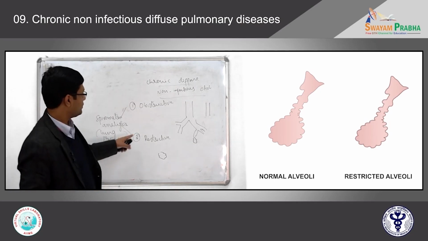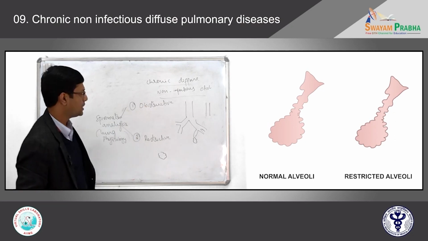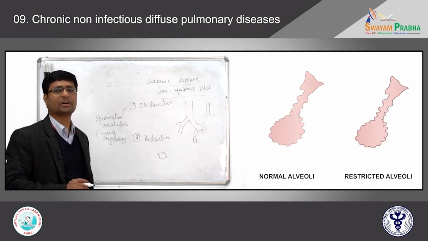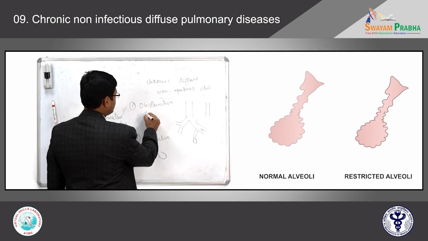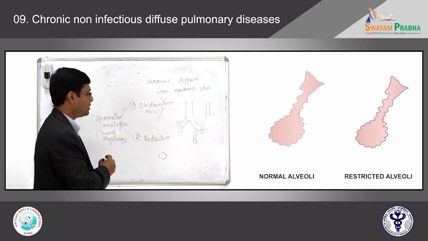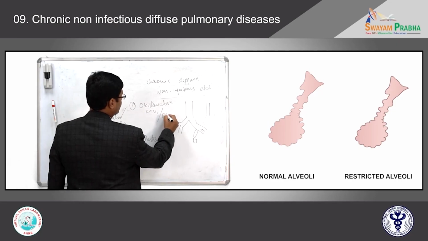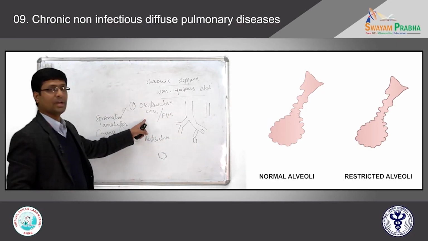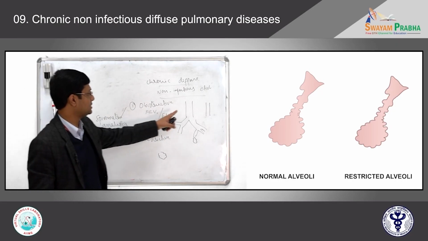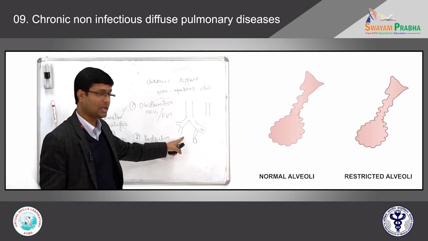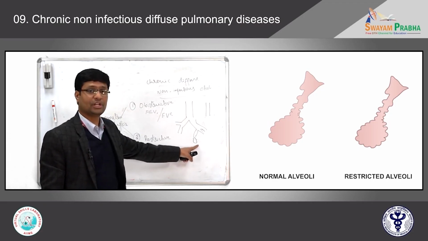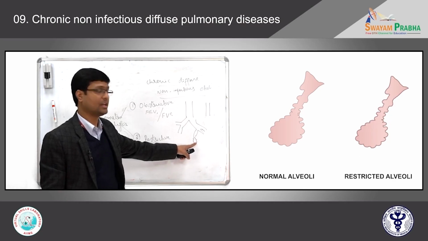If it shows obstructive physiology, the two most important spirometric parameters you should know are forced expiratory volume in 1 second and forced vital capacity. If it shows obstructive physiology, that means there is obstruction in the tracheobronchial tree. The elastic recoil of the alveoli will be essentially normal, unremarkable.